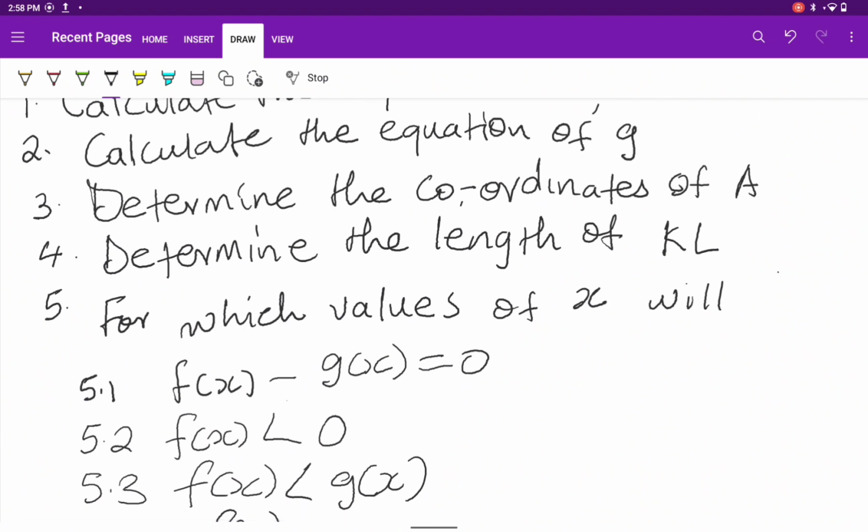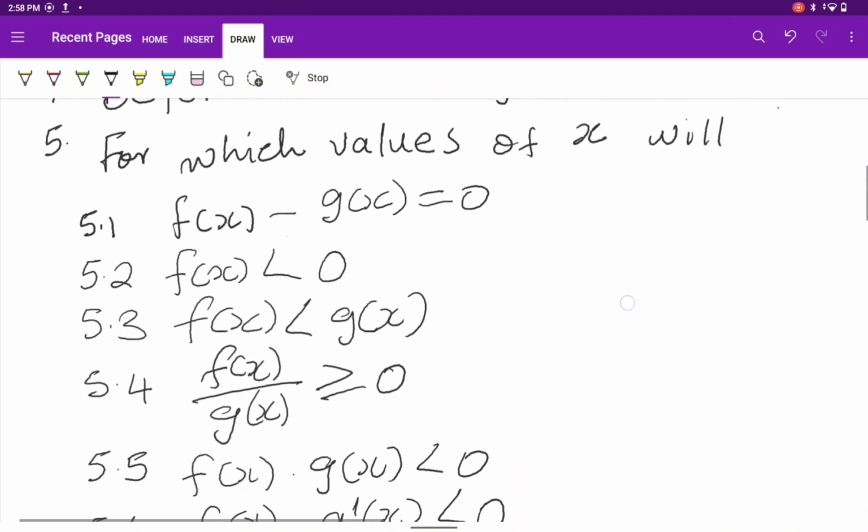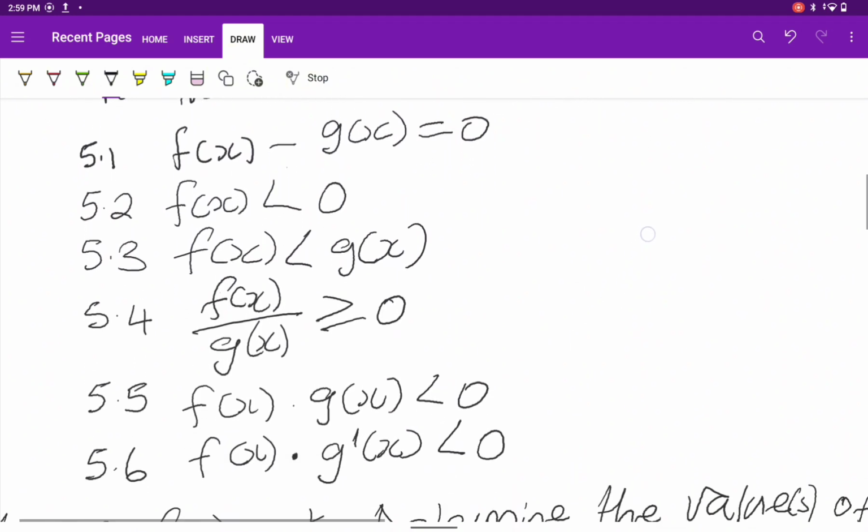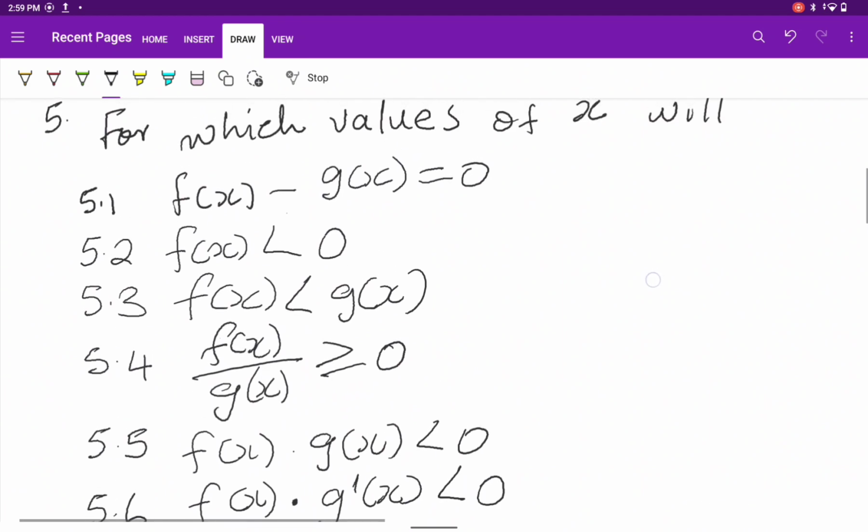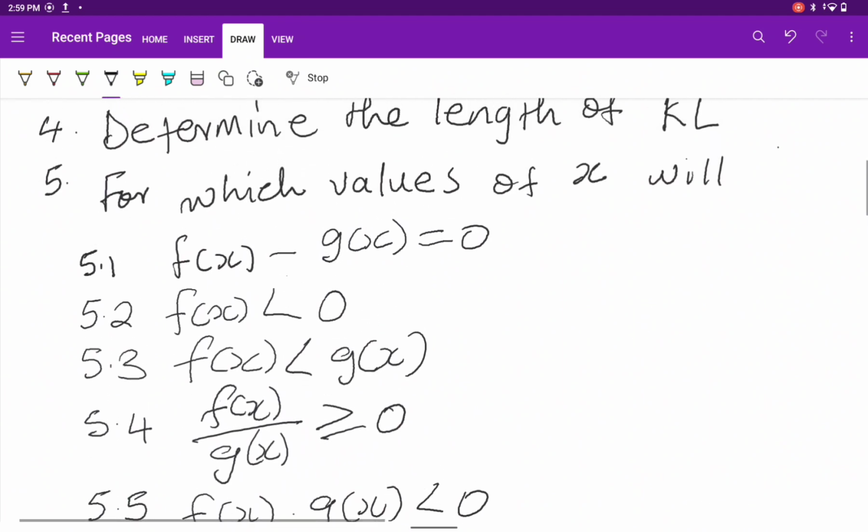Now number 5, it has 6 sub-questions there. So let's look at this. For which values of x will f at x minus g at x be 0? Now, if we rewrite this question, if we take the g at x to that side, it's the same as f at x equals g at x.